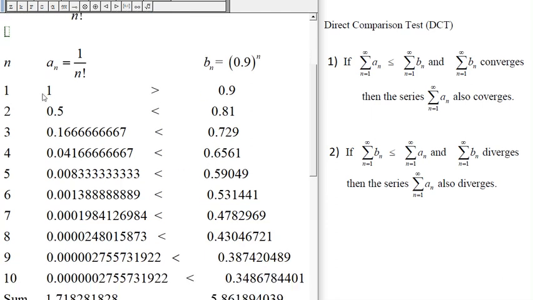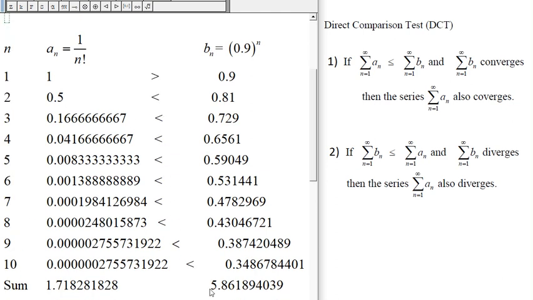We can see that with the exception of when n is 1, where A sub n is greater than B sub n, from 2 on, when n is 2 or more, A sub n is less than B sub n. The sum of the first 10 terms for A sub n is about 1.7182818, but the sum of the first 10 terms for B sub n is 5.86.